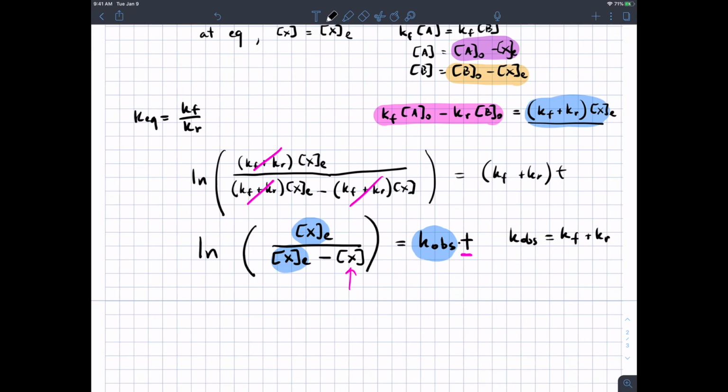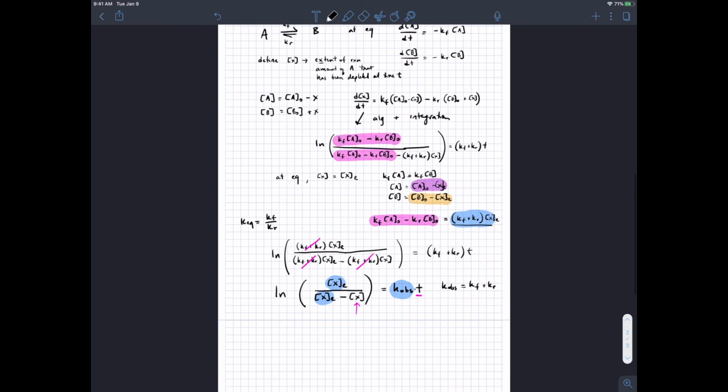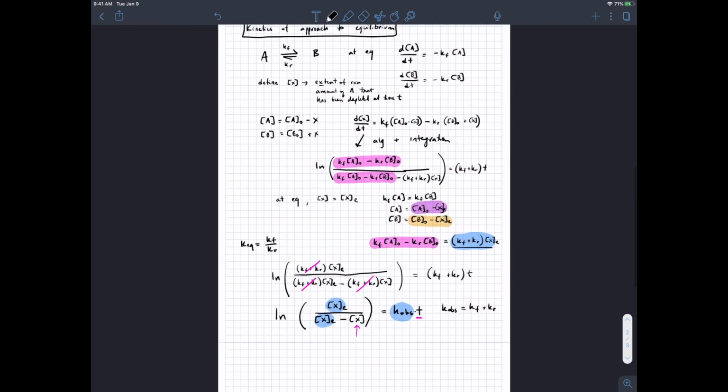Why am I spending time on this? It turns out I had to do this in my postdoc. A and B were not separate molecules, they were two different conformations of the same molecule, the folded protein versus the unfolded protein.